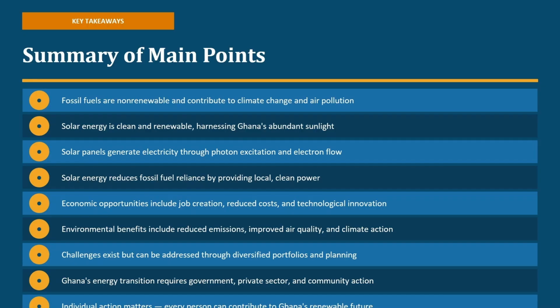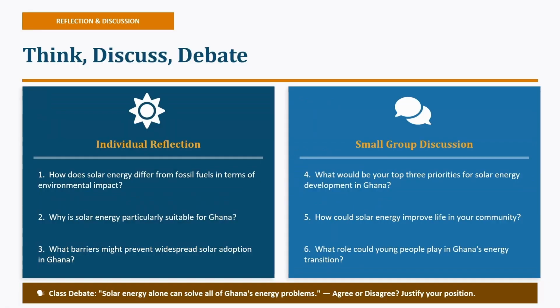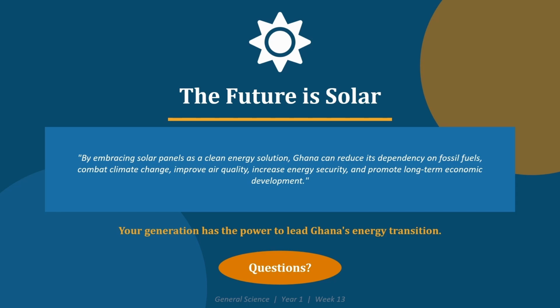So these are some of the main summary points. A little discussion for you: I have 6 questions here that you can discuss among yourselves in groups. Okay. Then finally, the future is solar.